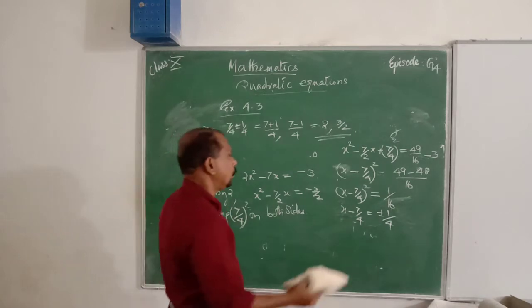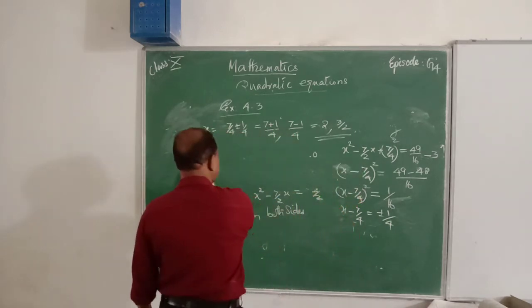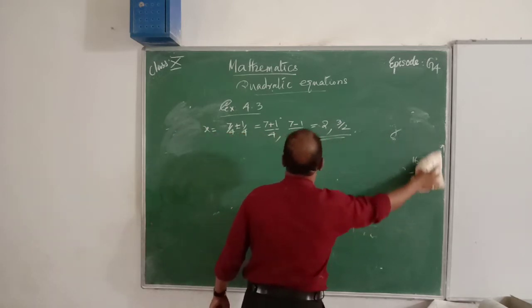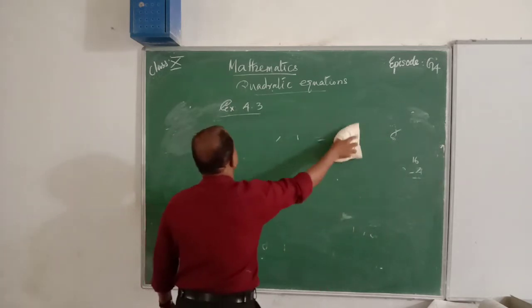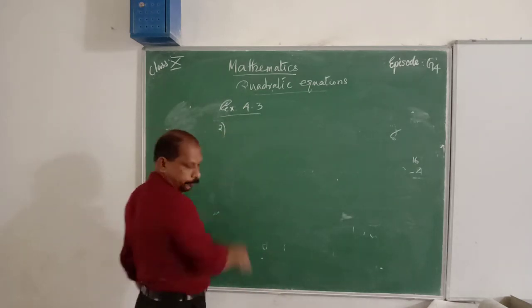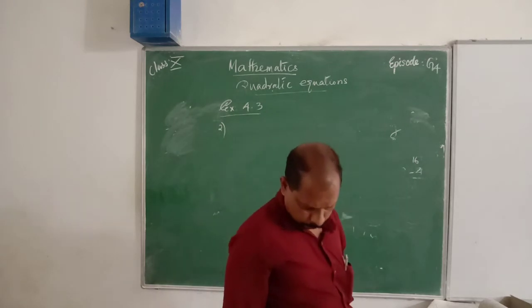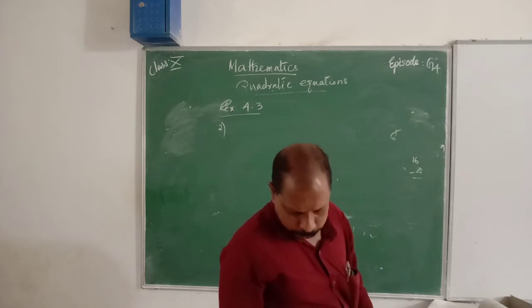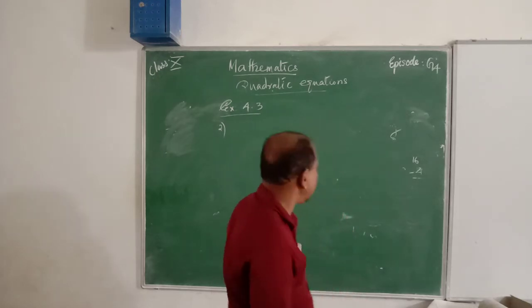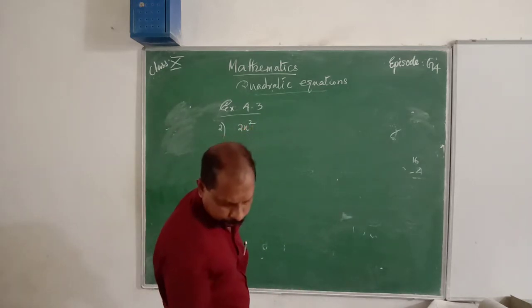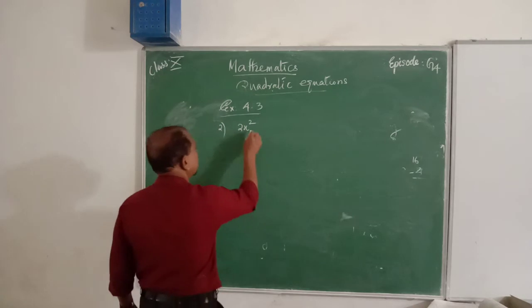Okay. Then the second question is question number 2. 2x square plus x minus 4 is equal to 0.